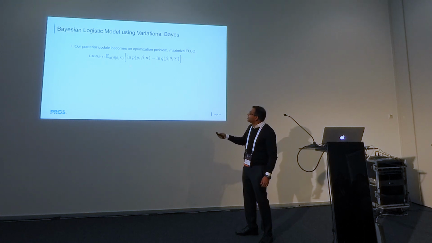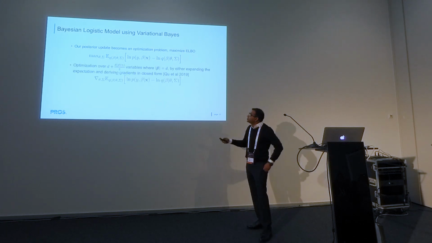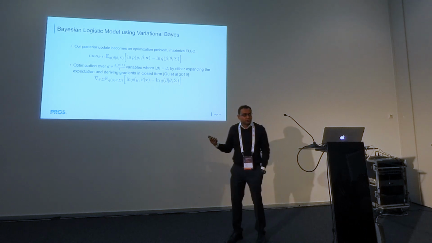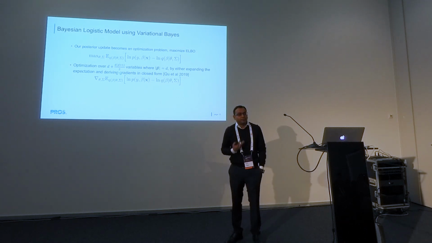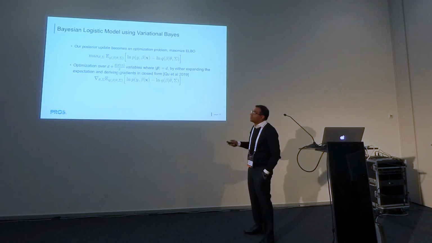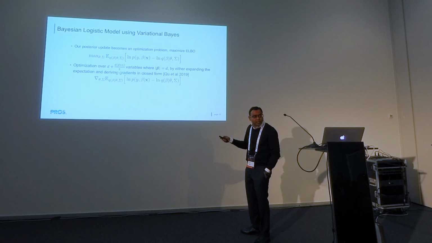But this is still a difficult optimization problem, because it is over almost order d squared variables. If you have 100 features, you're talking about around 10,000 optimization variables. Plus there is an expectation in there as well. So it's a challenging optimization problem.